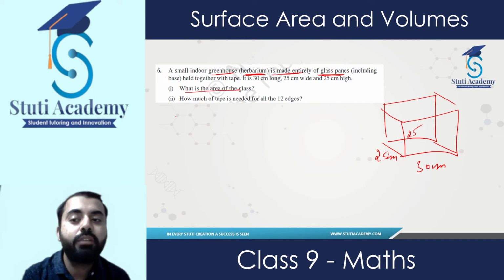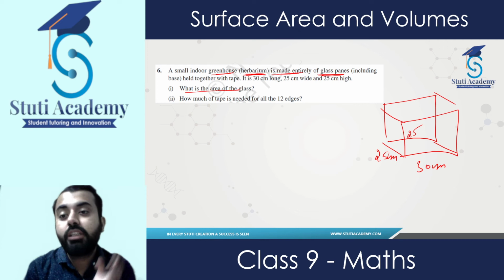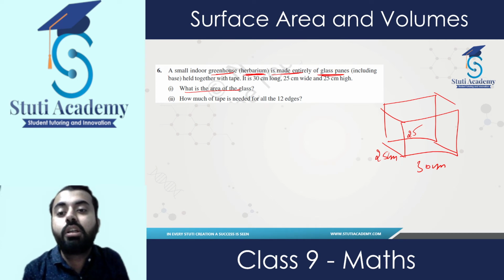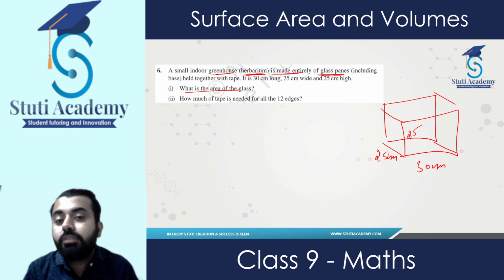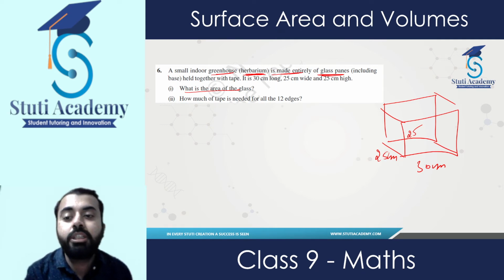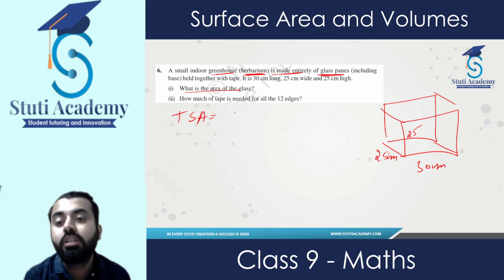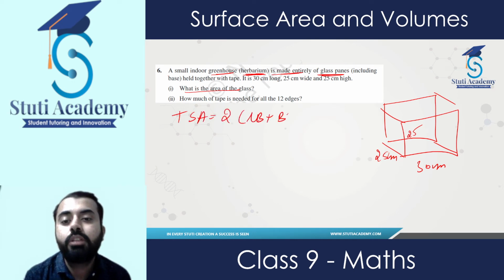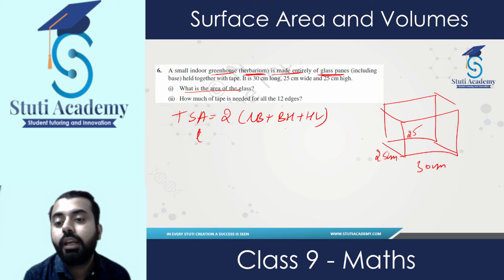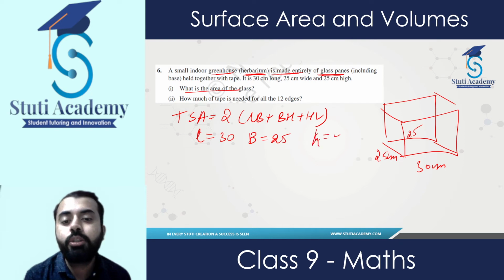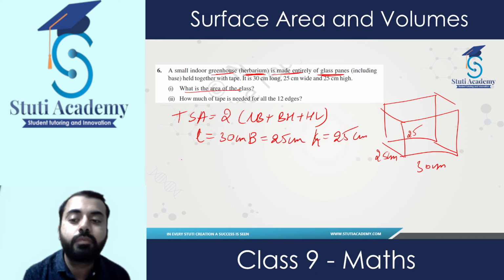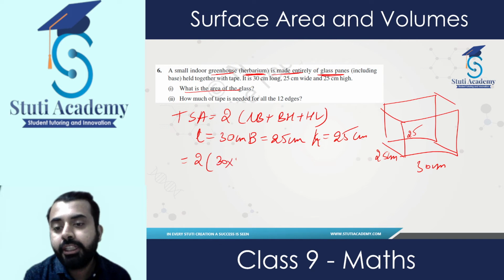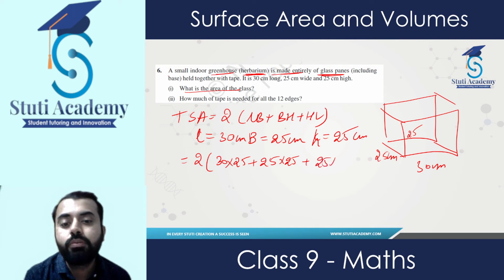You guys know its area will be what? You guys tell me. I have to find out its area, so it will be either LSA or TSA. I am counting each and every face because each and every face is glass. That means I will use 2 into (LB plus BH plus HL), L being 30, B being 25, and H being 25, in centimeter units. Area will be 2 into (30 into 25 plus 25 into 25 plus 25 into 30).